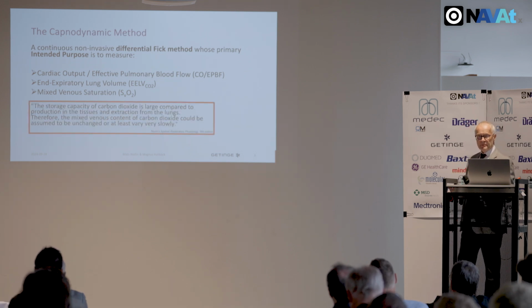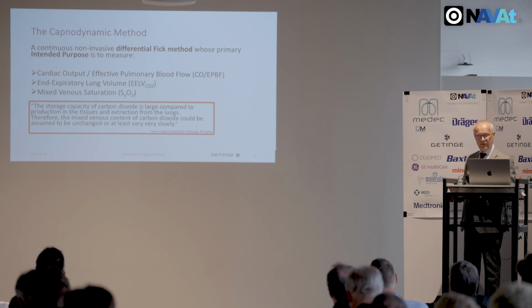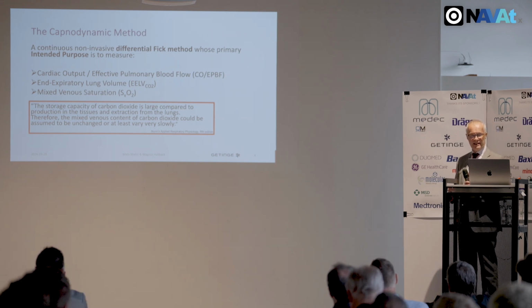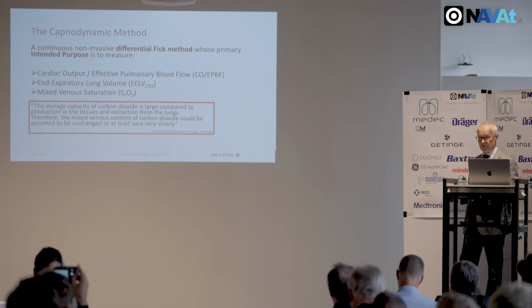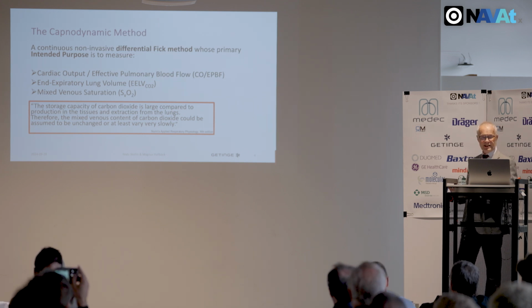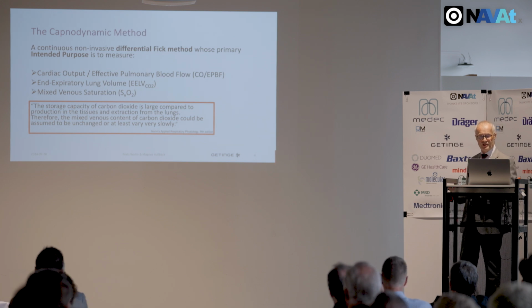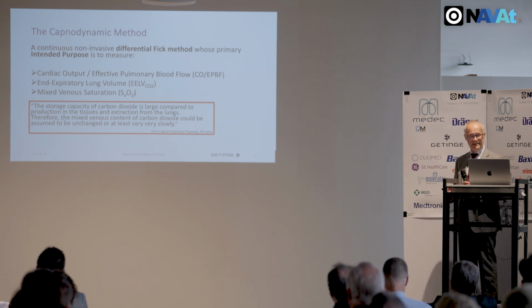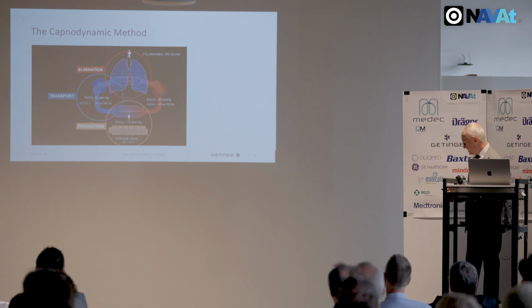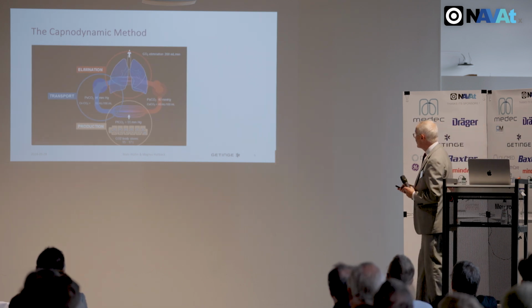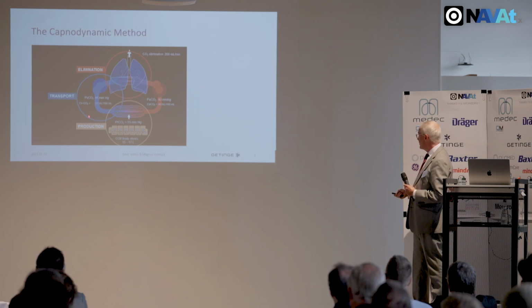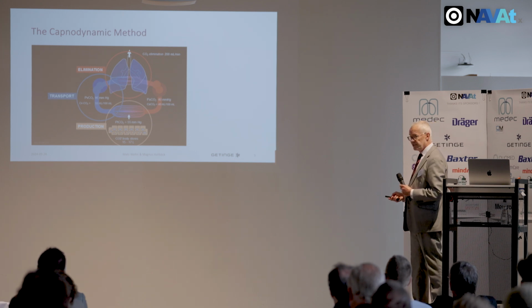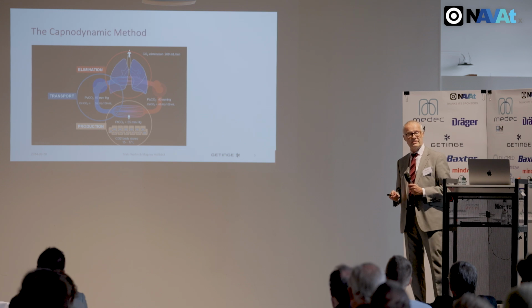The concept behind this is the differential Fick method. It says in Nunn, the Bible for applied respiratory physiology, that the storage capacity of carbon dioxide is large compared to the production in the tissue and extraction. It can be described in this picture, where you can see that the elimination is about 200 mL, and we have a storage in the body of close to 15 to 70 liters of carbon dioxide.